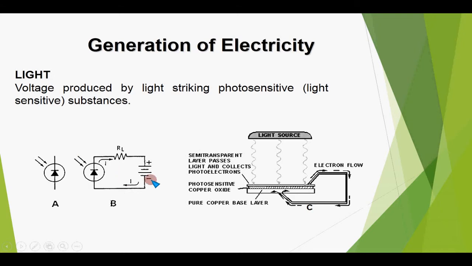You can see in the pictures that this is the symbol of photoelectric substance, and then you can see here the light has been striking upon a material that is photosensitive, and it will ultimately produce the electrons and cause them to flow, and that electron flow would be used in some other substance as a source of electricity.